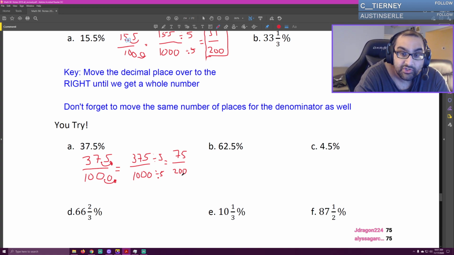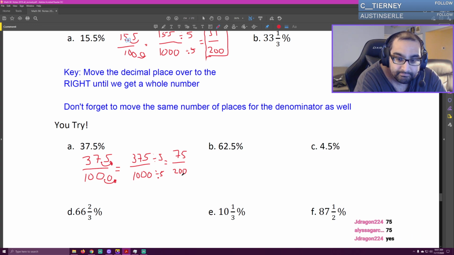So can we reduce this down further? Yes or no? Yes, what can we divide by now?